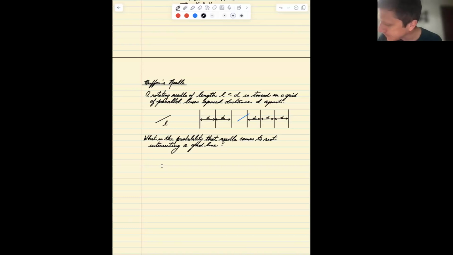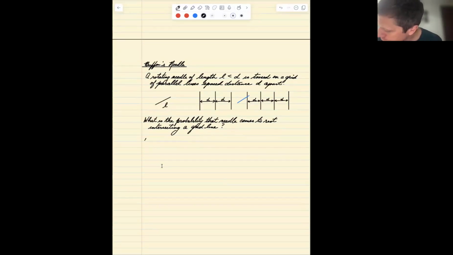So we're going to define two random variables. X is going to be the distance from the center of the needle to the nearest grid line.